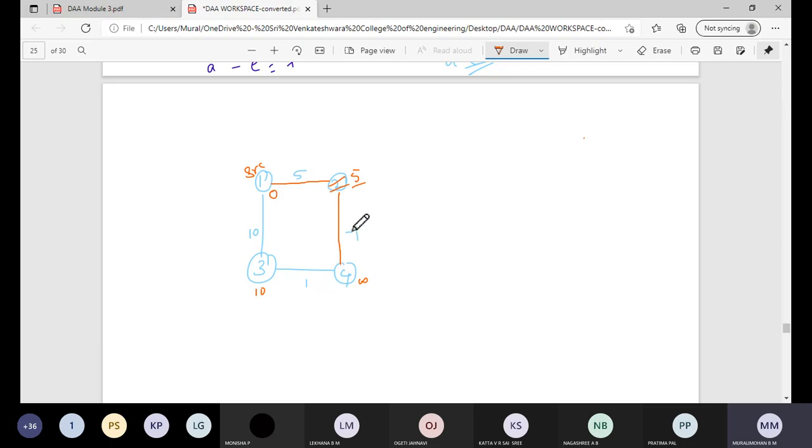Can I update the value here now? So 2 is selected, right? Now once 2 is selected, can I update the values of this 3 and 4? Yes, sir. So what will be the value of 4 now?